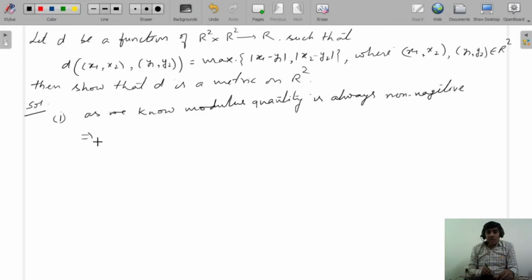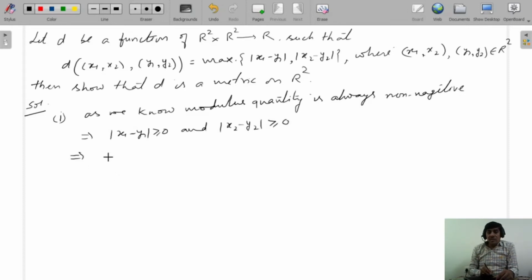This implies modulus of x1 minus y1 is greater than or equal to 0 and modulus of x2 minus y2 is also greater than or equal to 0.